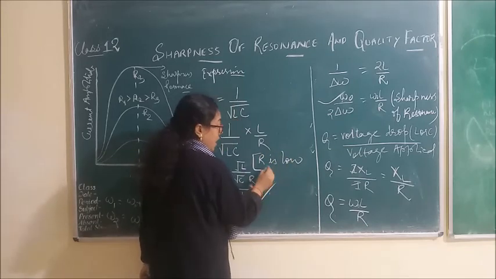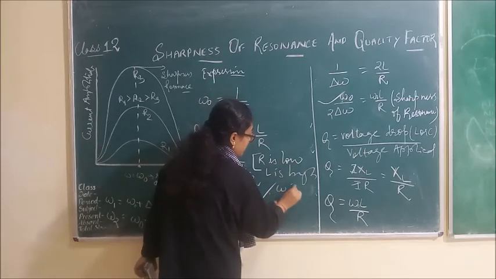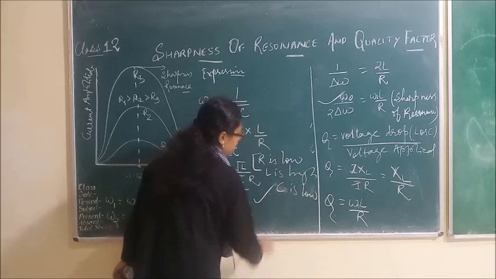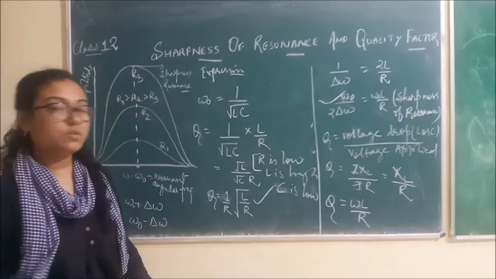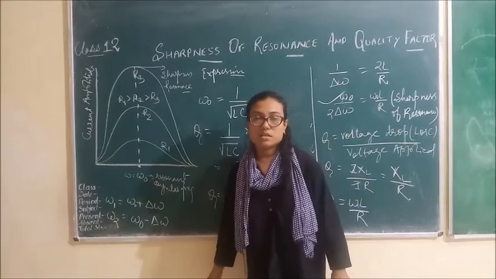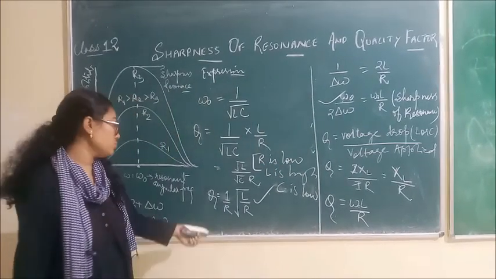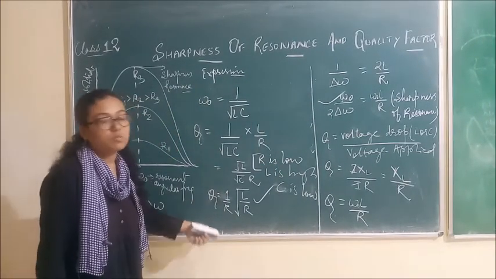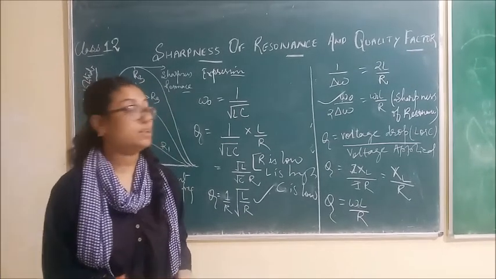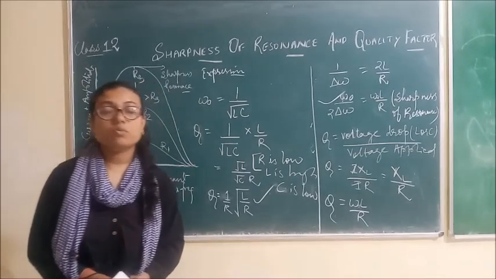Quality factor: R is low, L is high, and omega naught C is low. मतलब कि कैपेसिटर की वैल्यू, कैपेसिटेंस कम होगा, एंड इंडक्टेंस ज्यादा होगा और रेजिस्टेंस भी कम होगा. तो तुमको इन तीन कंडीशंस पे तुमको क्वालिटी फैक्टर कैसा मिलेगा, यू विल गेट द वैल्यू ऑफ मैक्सिमम क्वालिटी फैक्टर. सो प्लीज डू इट, रिवाइज इट once twice at your home.